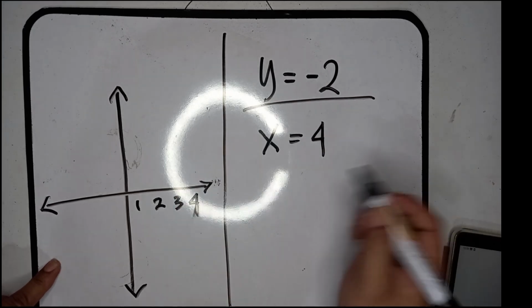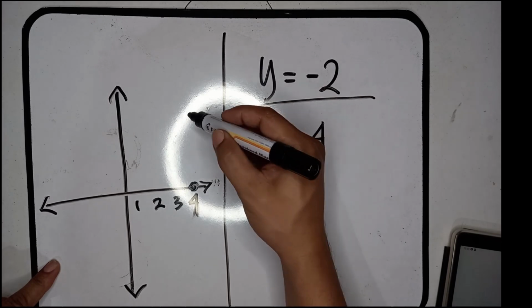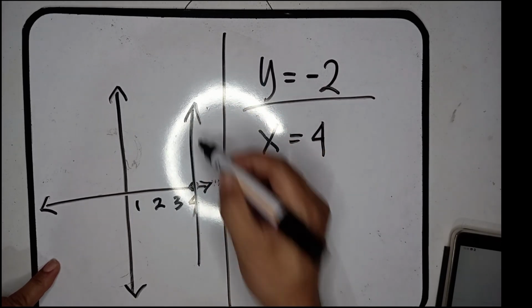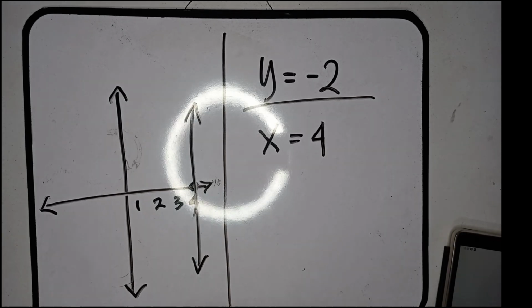So the value of x is around here, 4. So how do we plot this? Since there is no y, the line will go like this. Okay, that's how we plot x equals 4.